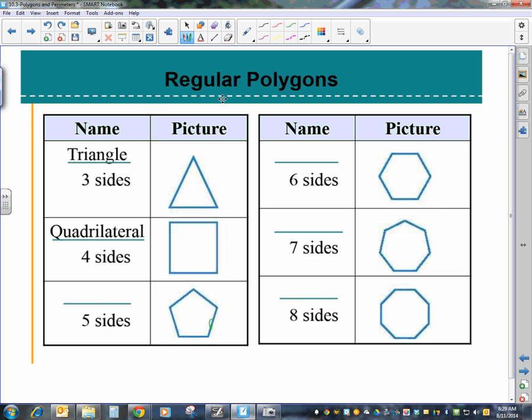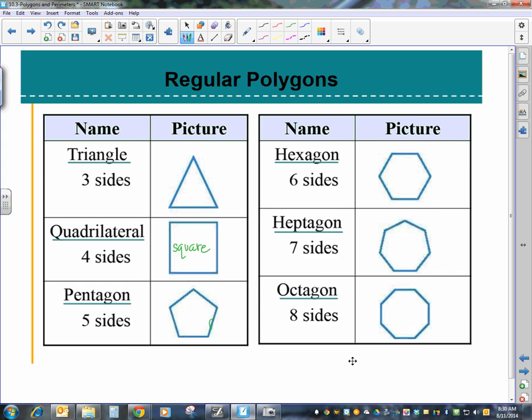Now, if it's regular, remember that means all four sides are equal and all angles are equal. That's where we get the square. A five-sided figure is called a pentagon, like that building in Washington, D.C. A six-sided figure is called a hexagon. Seven-sided is called a heptagon or septagon. Either one is acceptable. An eight-sided figure is called an octagon.